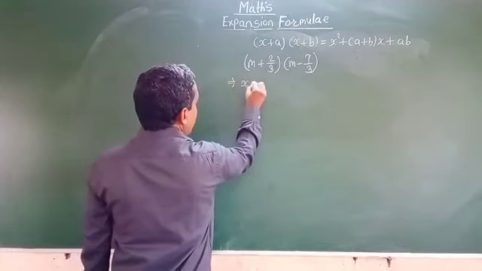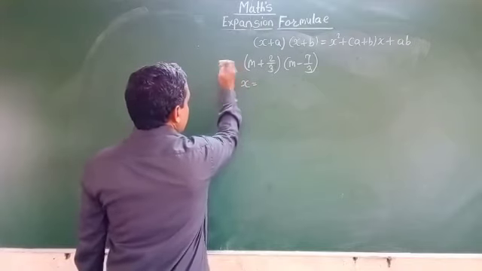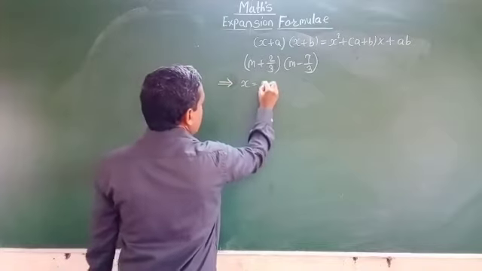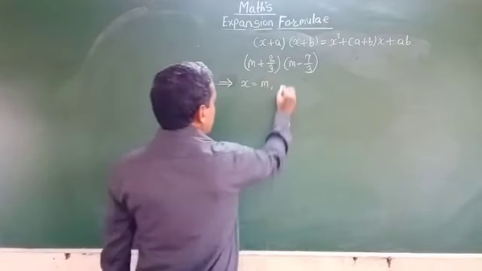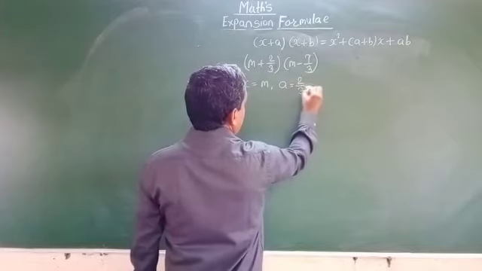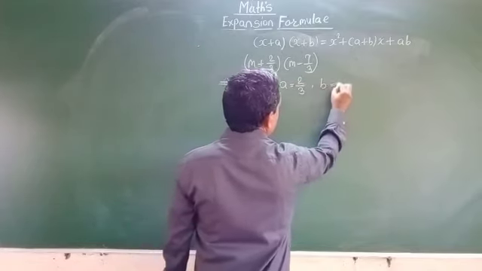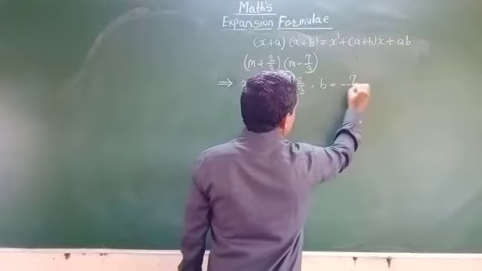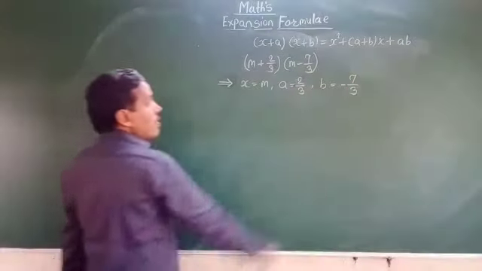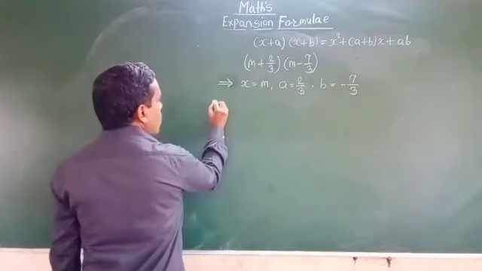What is the value of x? The value of x is m. What is the value of a? It is 2/3. And what is the value of b? It is minus 7/3. Putting the values into the expansion formula.